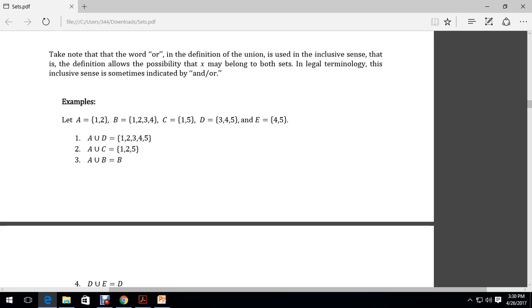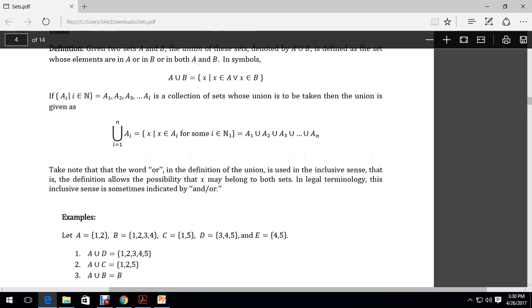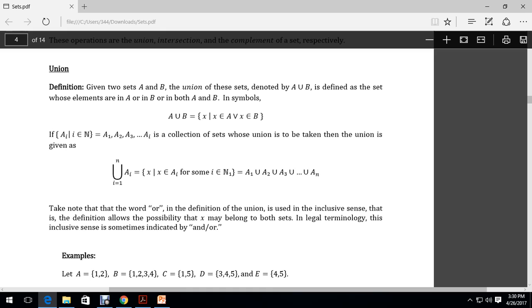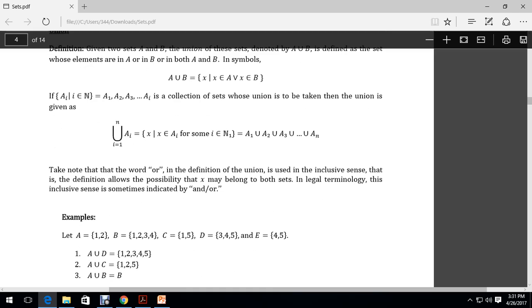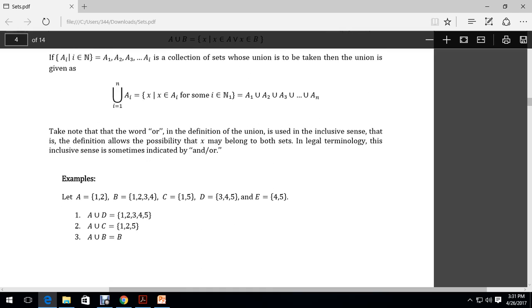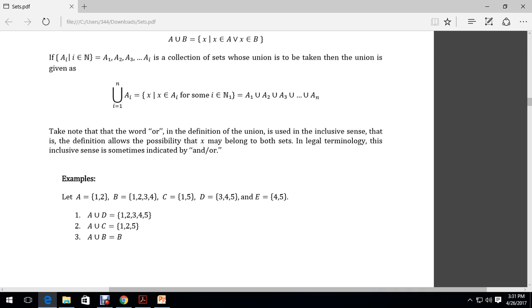Therefore, given this example, what is meant from the definition that X is an element of A or X is an element of B is that, to get the union between the two, we just list down all the combined elements of the two sets, wherein we have 1 and 2 as the elements of A and 3, 4, and 5 as the elements of D. Therefore, the union would be the set containing the combined elements of the two sets.